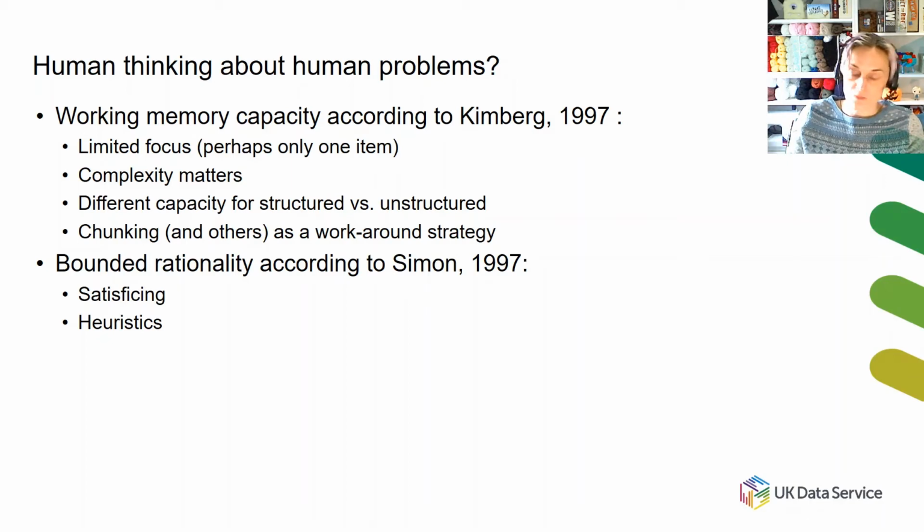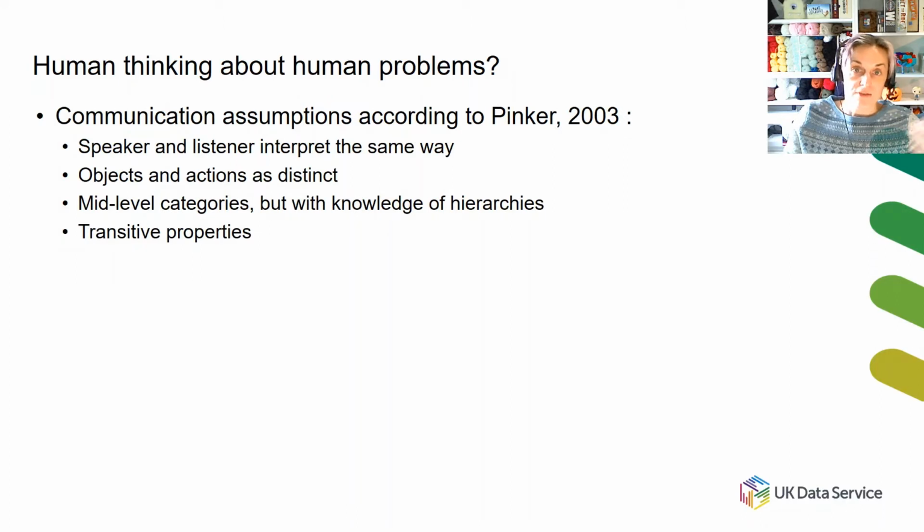So if it's got feature X, then we treat it like feature Y, and that's good enough. Very fast. We also have communication assumptions. Basically, we interpret other people as likely to respond the way we would respond if the situation were reversed. So we kind of assume other people also separate objects and actions, and that they use mid-level categories unless something is specified.